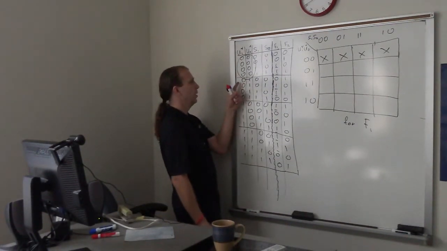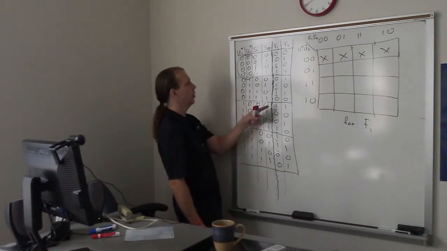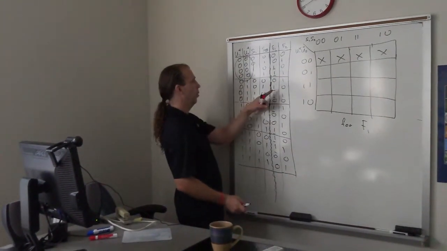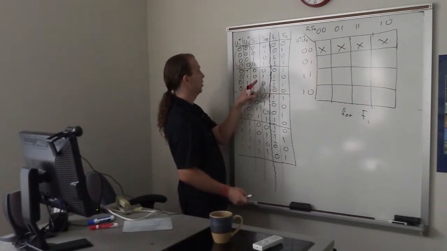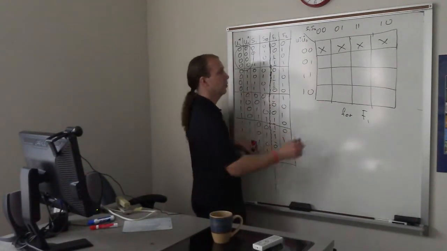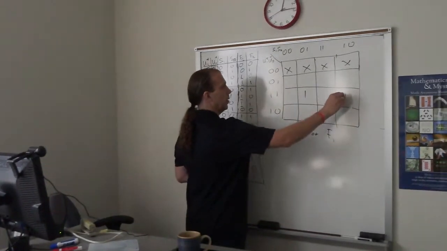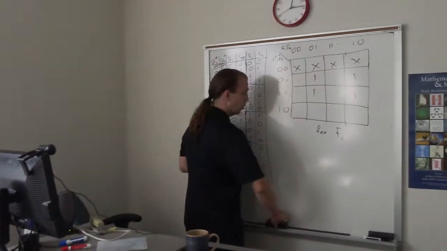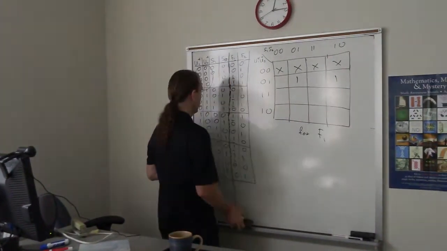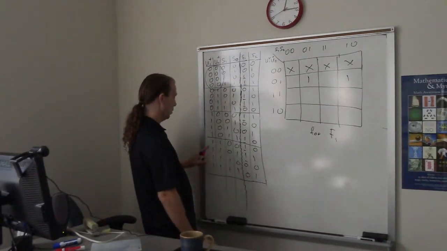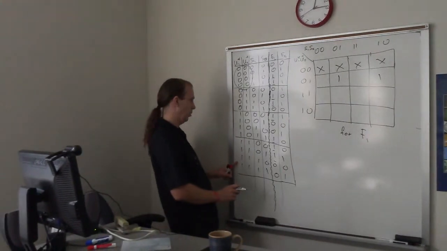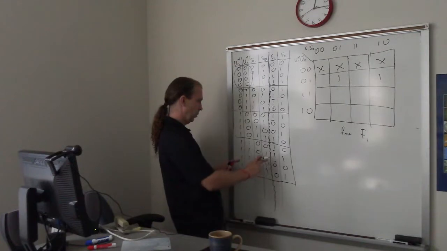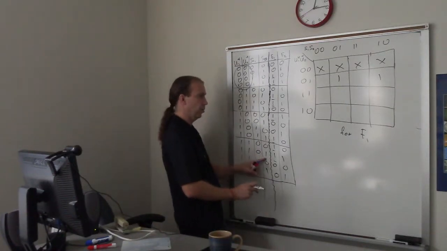And that's how we assign the don't cares. Now, with the combination 0, 1, that row will have ones at 0, 1 and 1, 0. With the combination 1, 1, we will have 0, 0 and 0, 1.